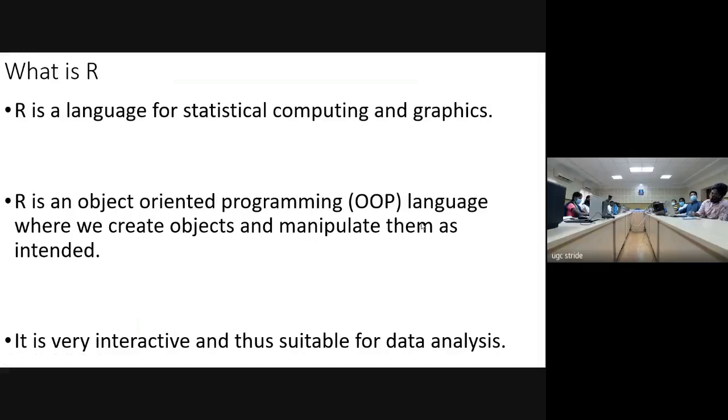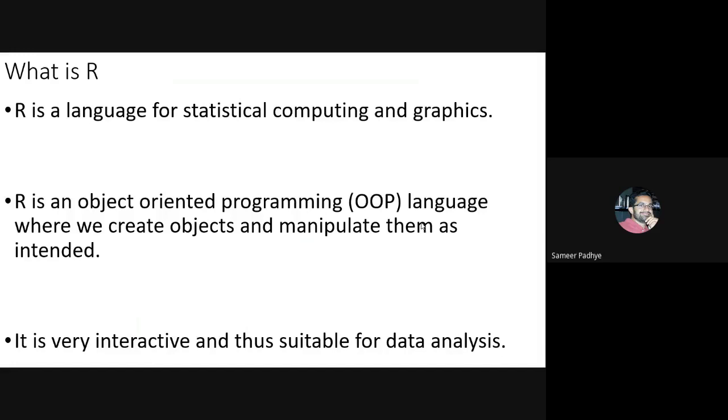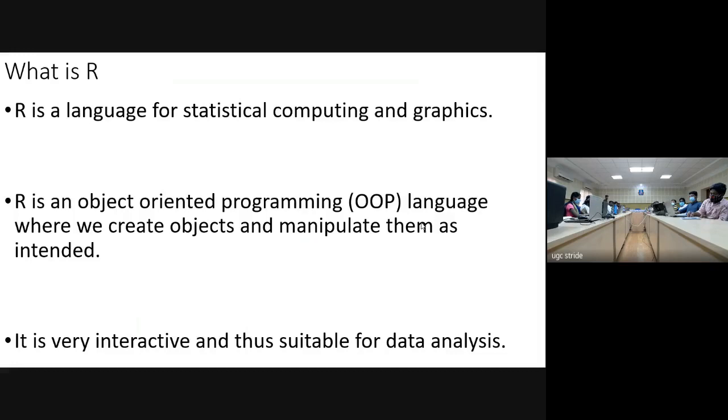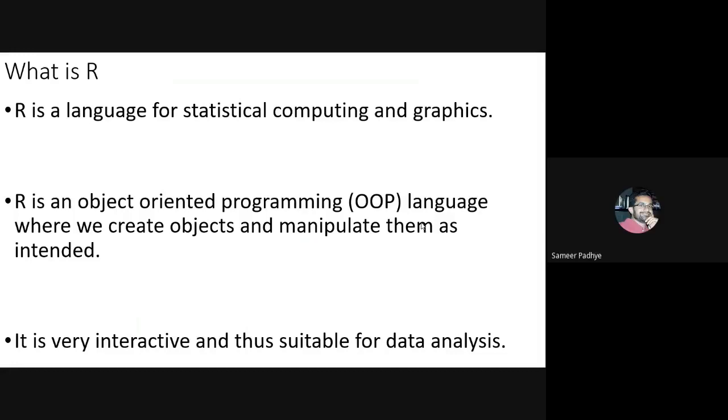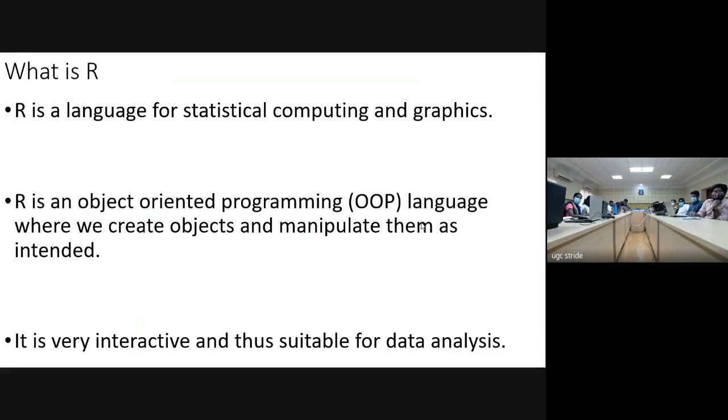So R is basically a language, a programming language, which has been specifically designed for statistical computing and graphics. Okay. So it has been designed to handle statistics, and it has been optimized to handle statistics, right?